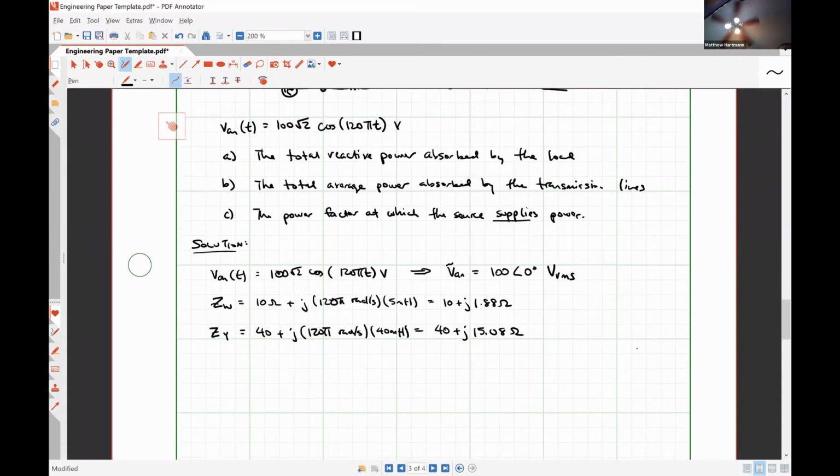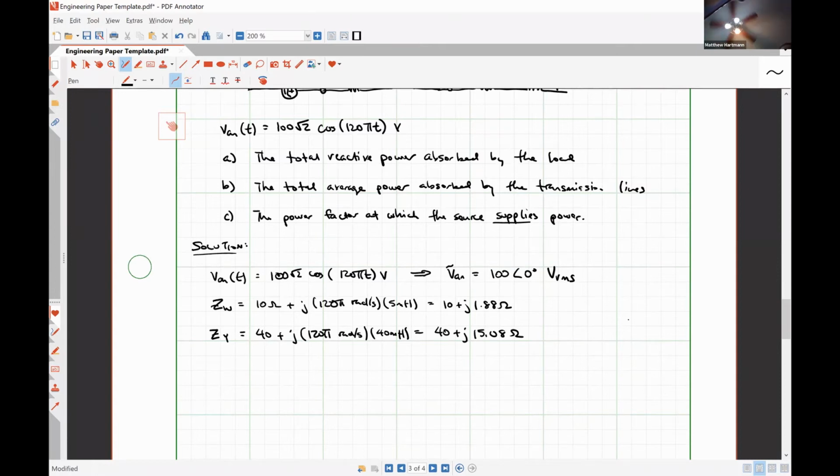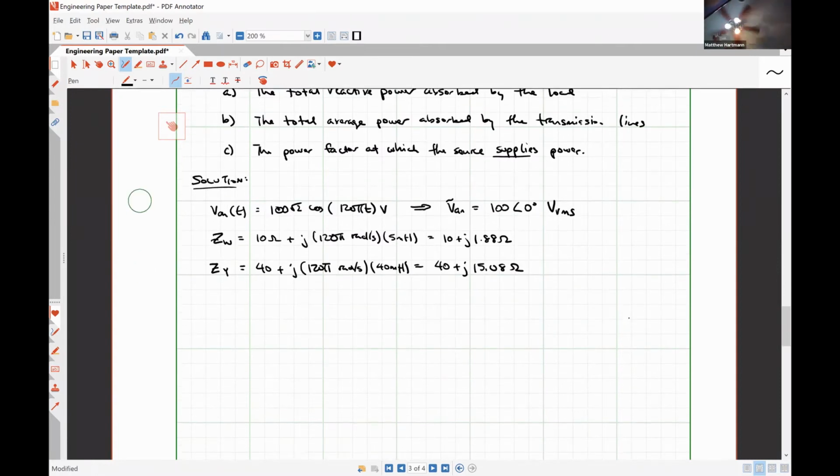So from this, we have enough information to draw our single phase equivalent circuit, right? Capital A, and little n.